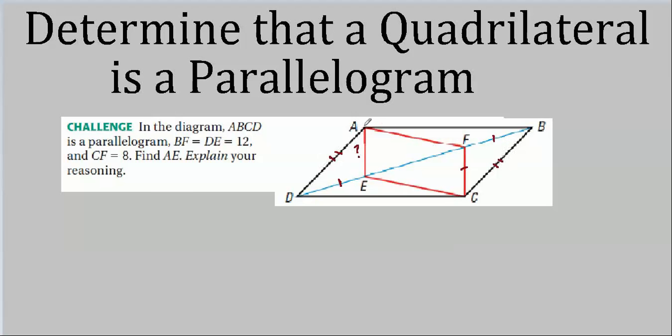So, let's show that these two triangles are congruent. Number one, we have a parallelogram. So, these two horizontal lines really are horizontal, and they're parallel. Well, what does that mean? Well, it means that this angle here and this angle over here are alternate interior angles. So they're congruent.